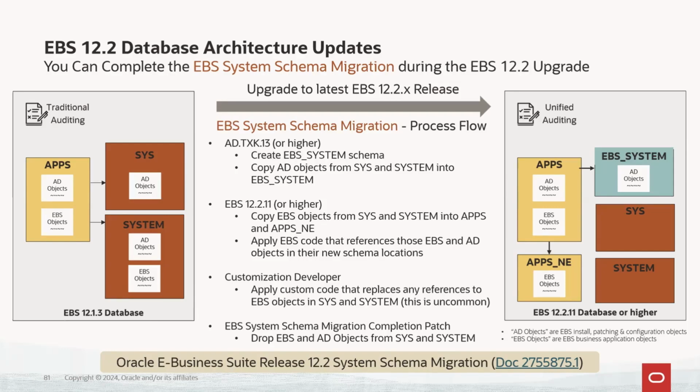They have instead been moved into the new E-Business Suite system schema and into the existing 12.2 schemas, APPS and APPS_NE. Now, I'm not going to walk through each of the steps here. Those are actually very well documented in the note that I've noted at the bottom, the Oracle E-Business Suite Release 12.2 System Schema Migration, Doc 2755875.1. But I'd just like to emphasize that you can and should complete the E-Business Suite system schema migration as part of your E-Business Suite 12.2 upgrade.